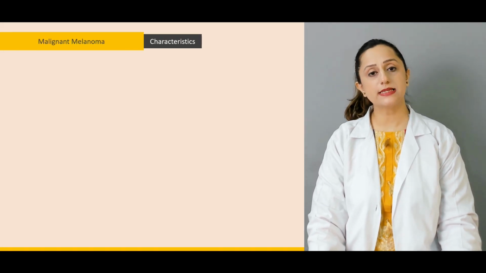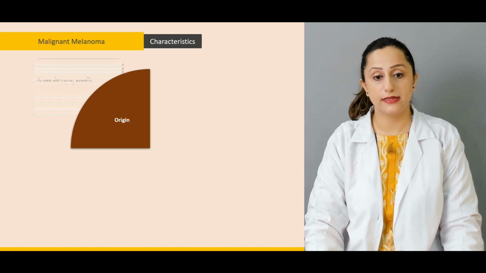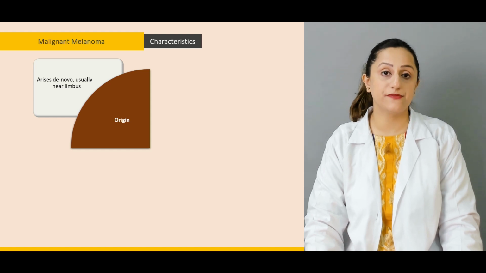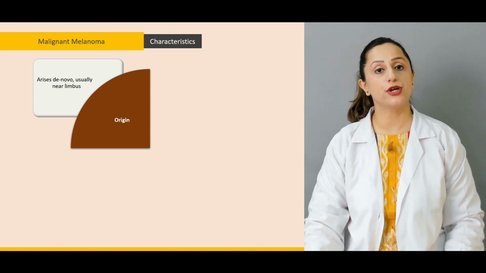The characteristics of the malignant melanomas would be the particular origin that it has. So usually the particular site for the development of these kind of malignant melanomas is near the limbus. Usually it's encroaching upon the cornea.